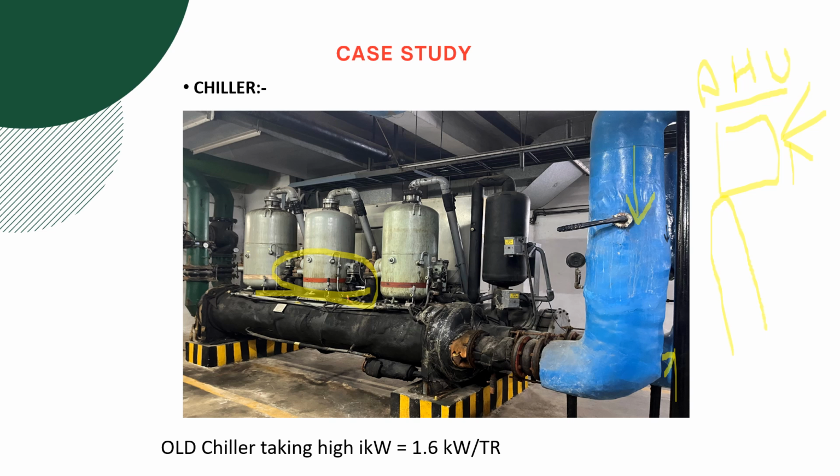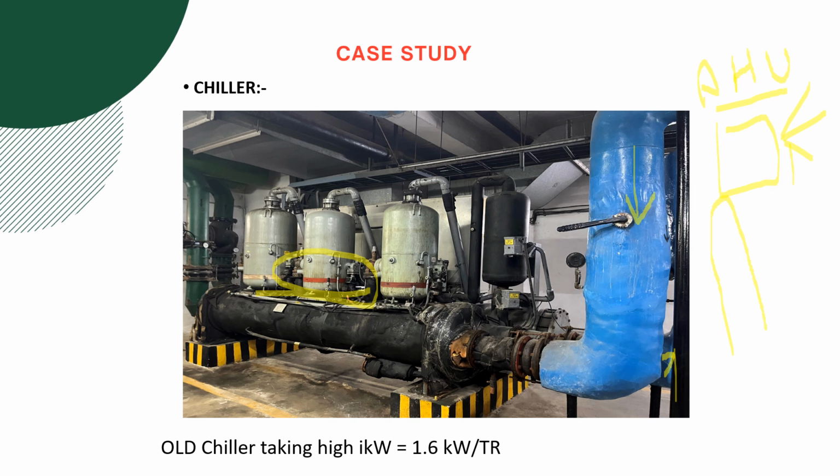Here these compressors will work, and we have refrigerant in this chiller system only. So the hot water from the floors will get cooled here and will again be circulated to the AHUs. So this is a general cycle of a chiller, and I'll give you this chiller cycle in detail in another video. Here you can see this is a chiller only.